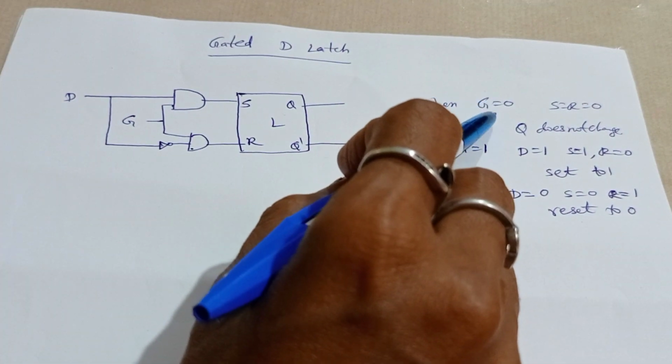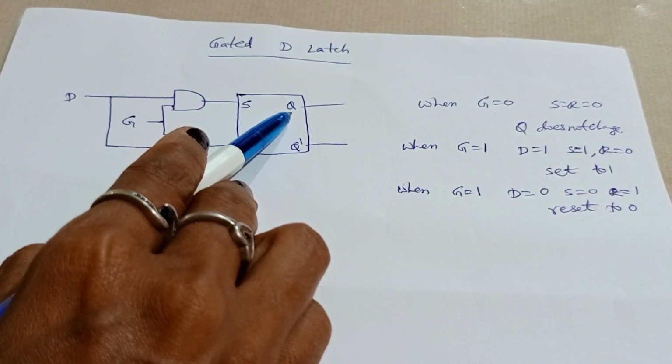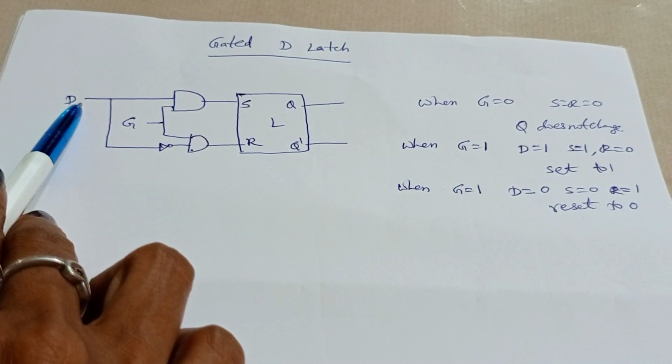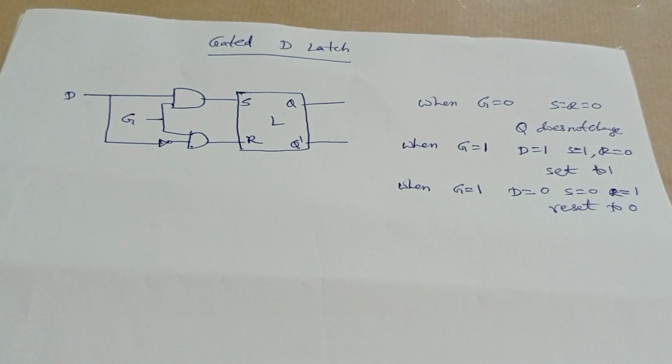When G is equal to 1, the Q output holds the last value of D, that means no state change. This type of latch is also referred to as a transparent latch because when G is equal to 1, the Q output is the same as the D input. When G is equal to 0, it is holding. So it is also called a transparent latch.